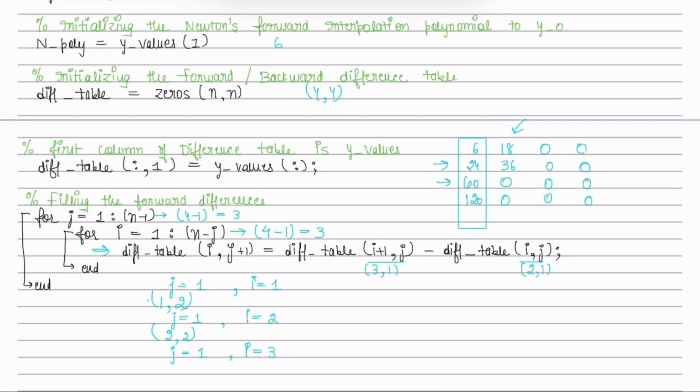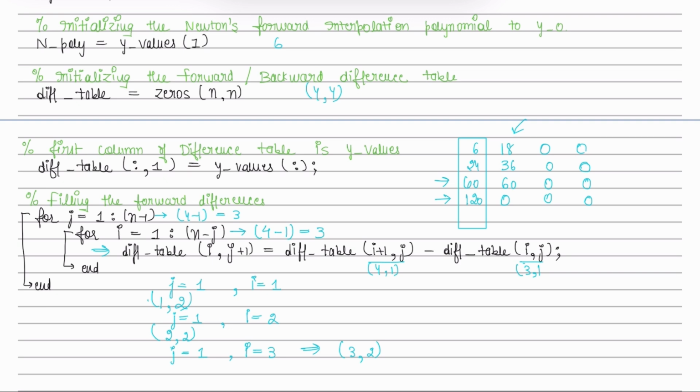The difference table at index 3, 2, which means third row and second column, will be updated by the difference of the entries at 4, 1 and 3, 1, which means 120 minus 60. So this value will be 60.